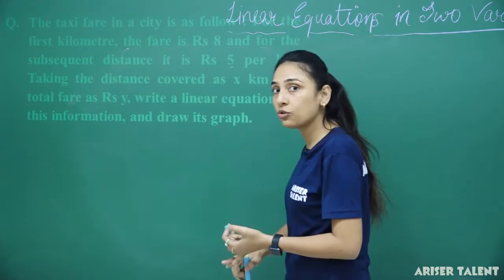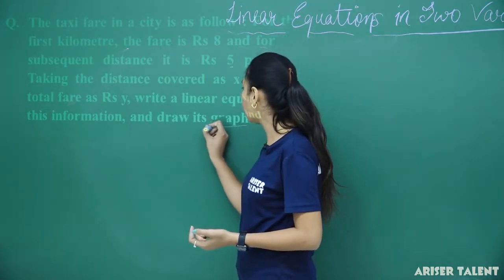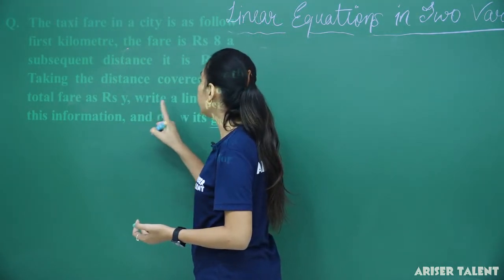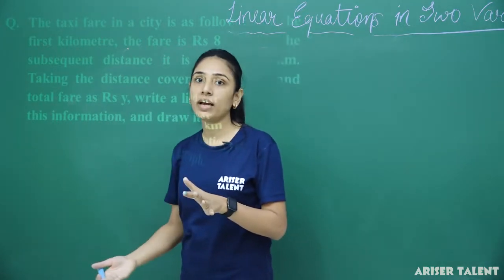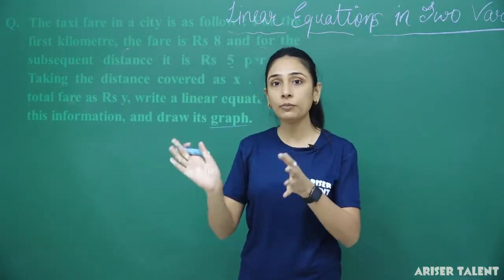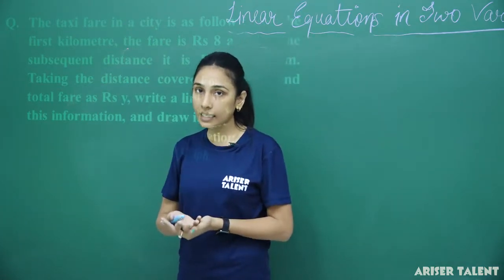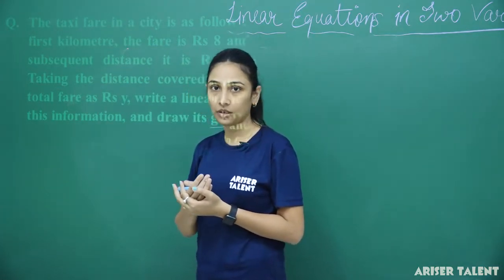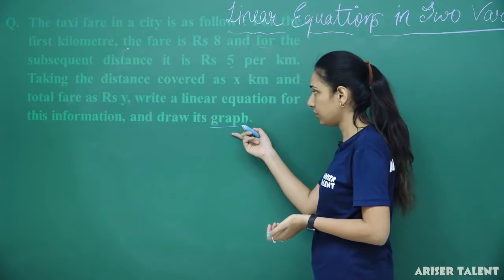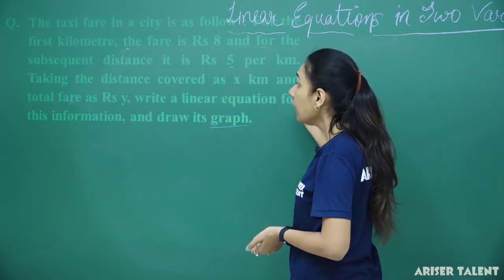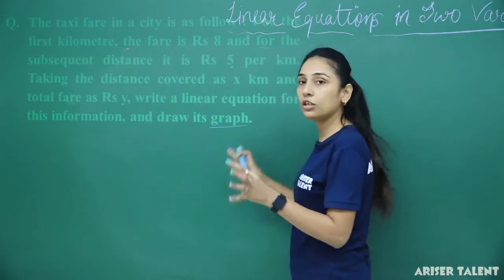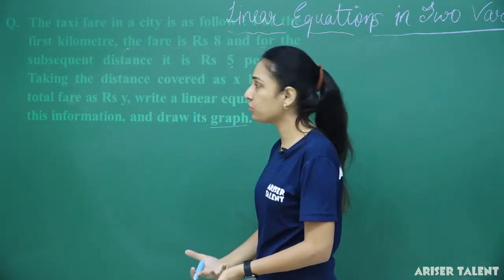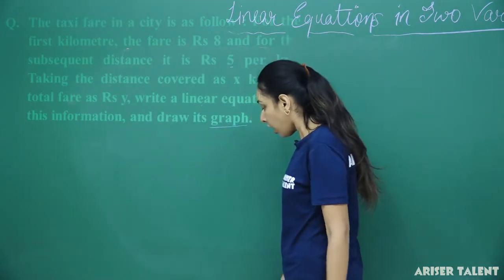First you have to write the linear equation, then putting values of x and getting values of y, you put them on the graph. So the graph question depends on writing the linear equation. This is a word problem.